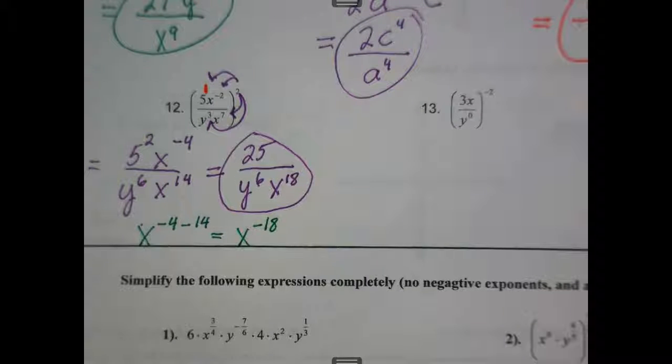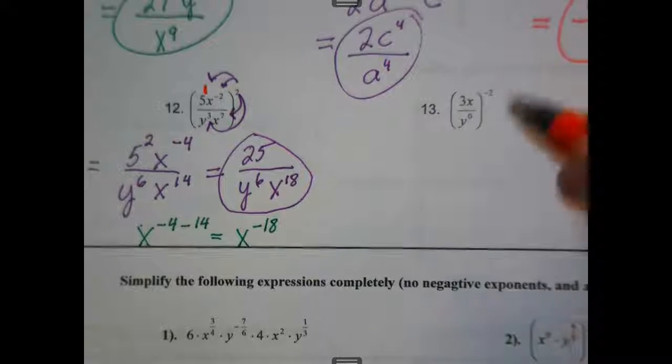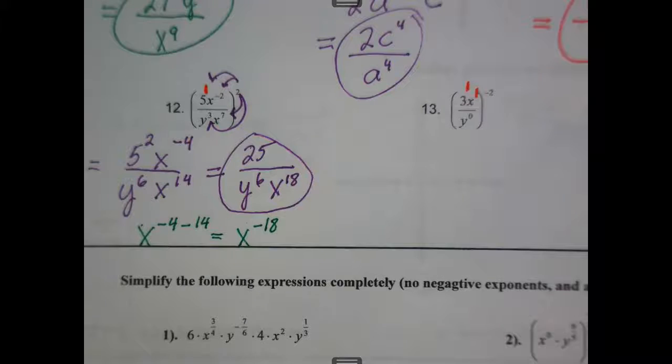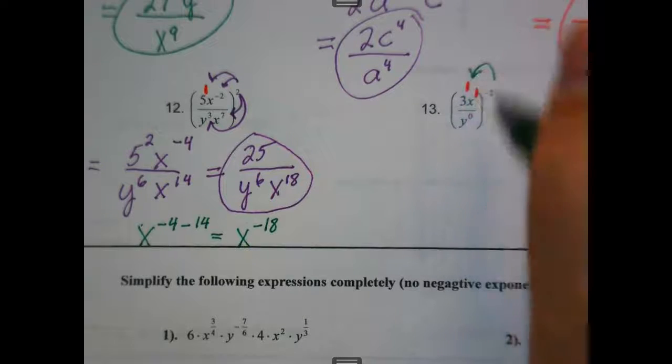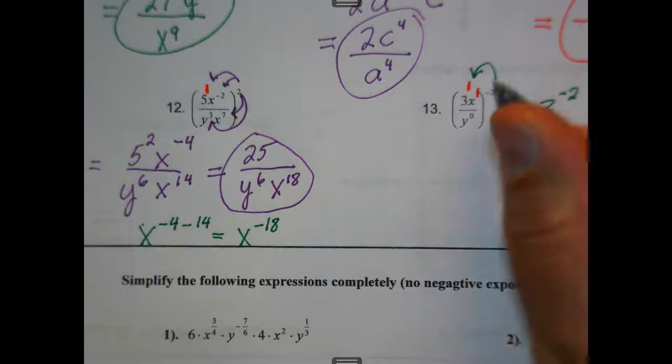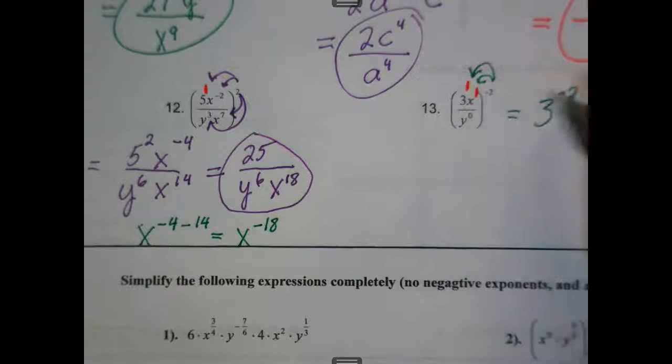Number 13 is the same deal. I have to multiply every exponent, right? Okay, negative 2 times 1, 3 to the negative 2. Negative 2 times 1 is negative 2.